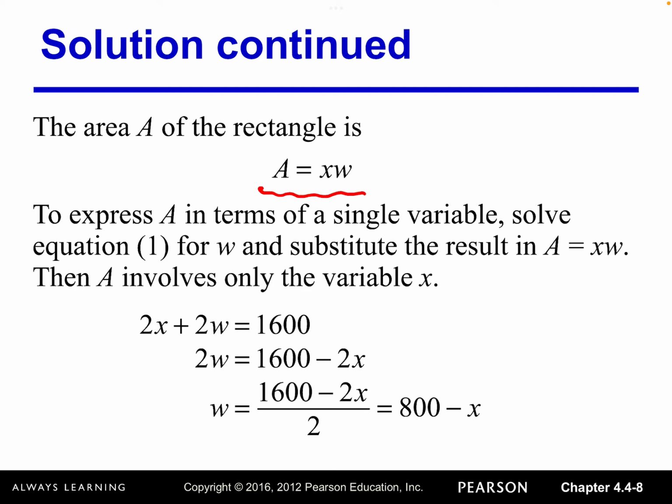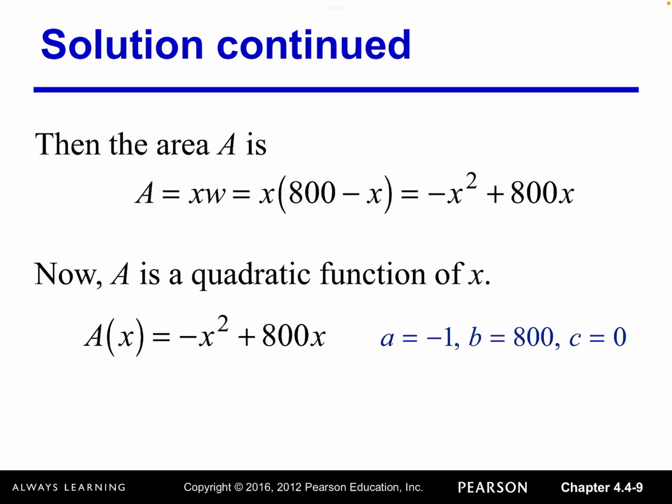The book uses W to represent the width and x to represent the length. So the width equals 800 minus x. Then substitute the width by 800 minus x, and we get a quadratic function. Pretty much the same as mine, only the variable names differ. I used W, and this one used x.